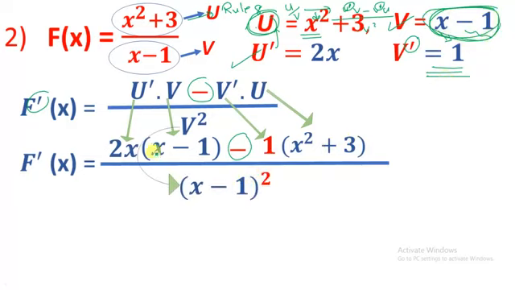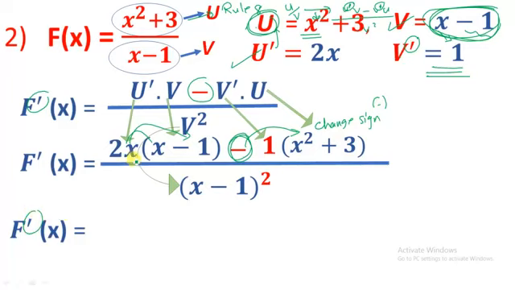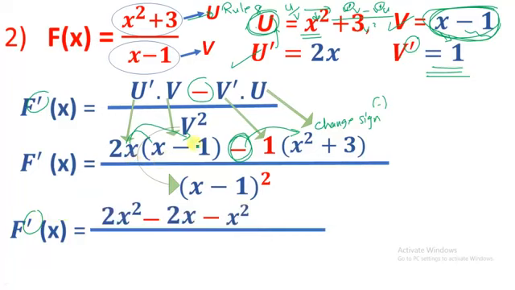Now we will simplify the numerator. Multiply 2x by x, multiply 2x by minus 1, and we multiply minus 1 by this bracket to change the sign, because we have a minus sign. Now f prime of x equals 2x multiplied by x is 2x squared, minus 2x, minus x squared, minus 3, over x minus 1 squared.